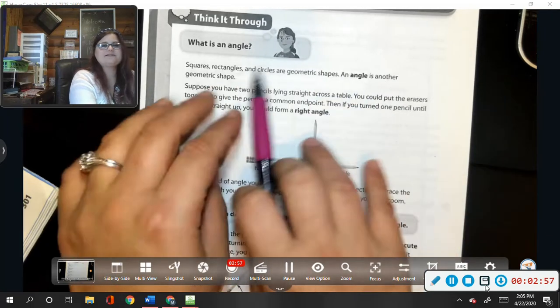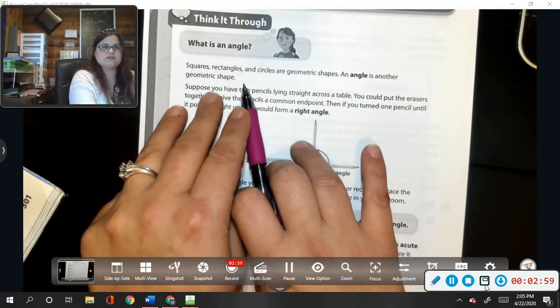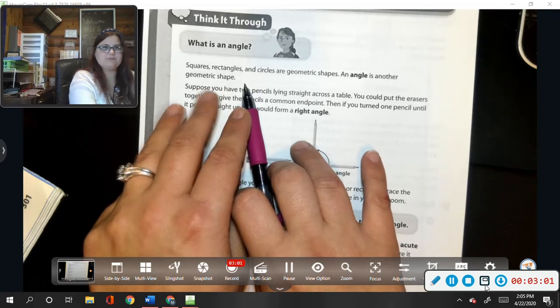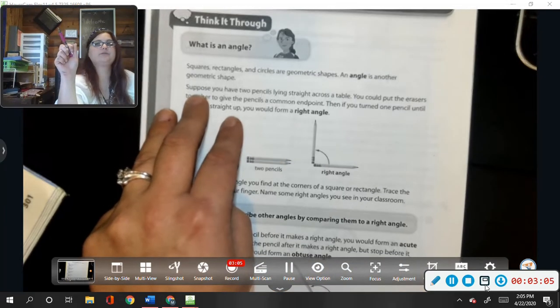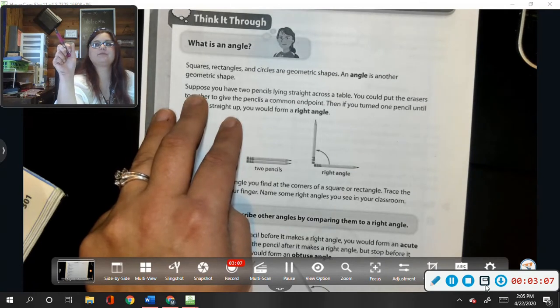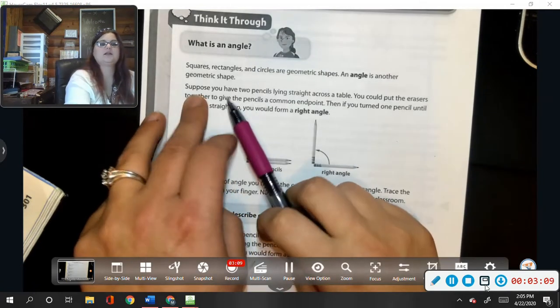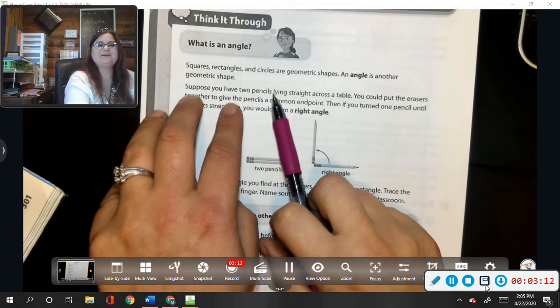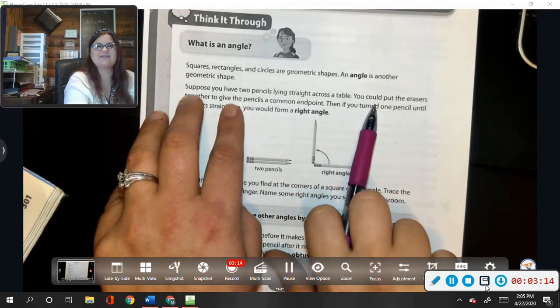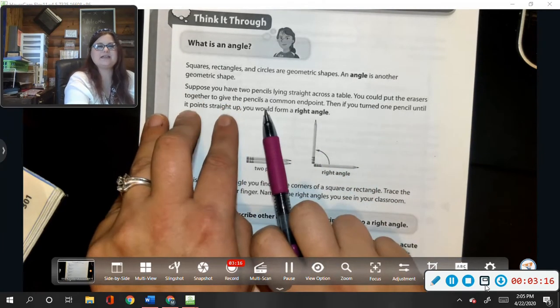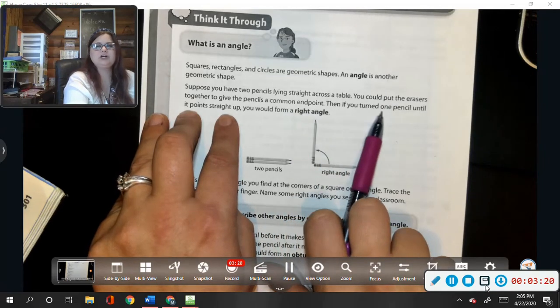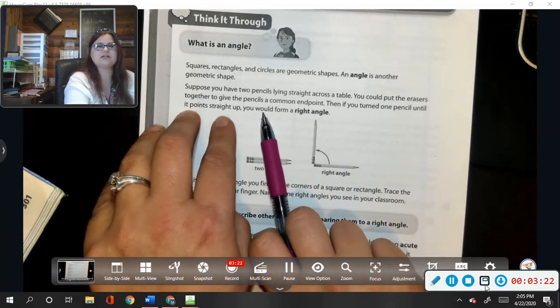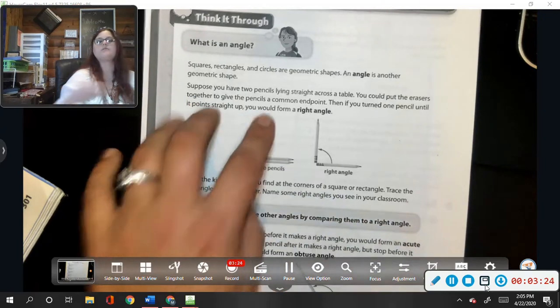An angle is another type of geometric shape, as we talked about in the instructional video. Suppose you have two pencils lying straight across the table. You could put the erasers together to give the pencils a common endpoint. Then, if you turned one pencil until its point straight up, you would form a right angle.